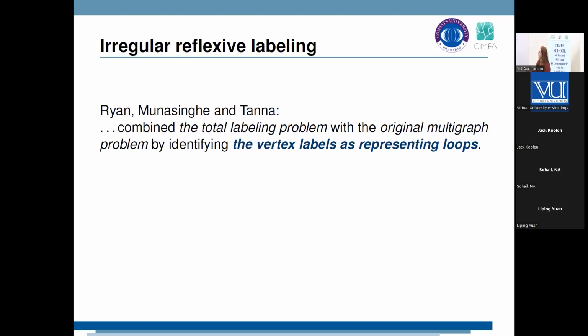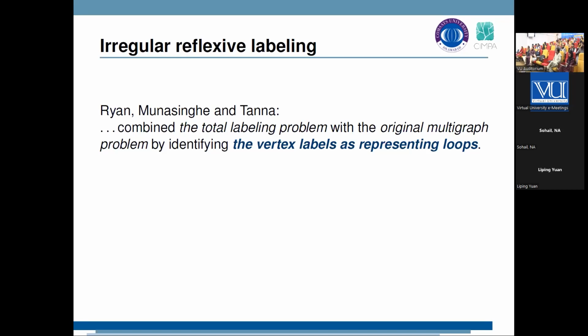And Joe Ryan, Munasiga, and Dushan Tana had a nice idea: come back to the degree problem and ask for the following. They combined it with the total labeling problem, so we assign numbers to the edges and also vertices.